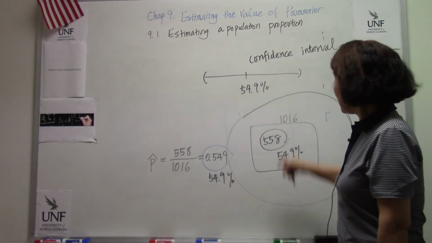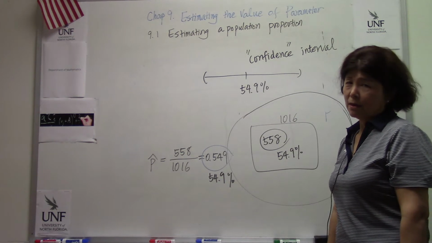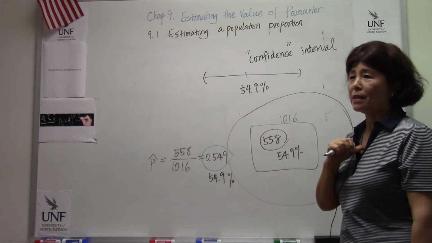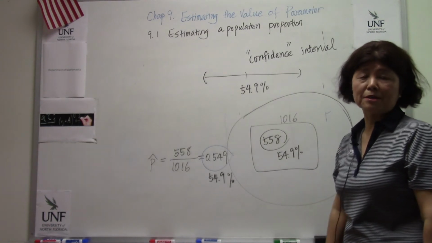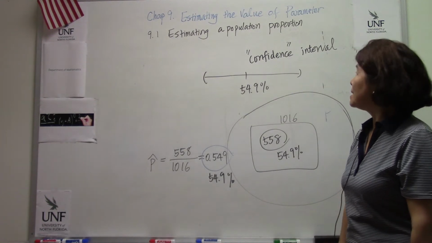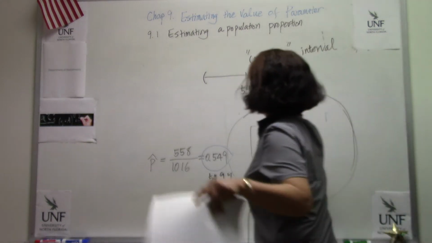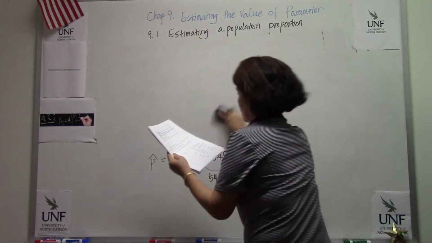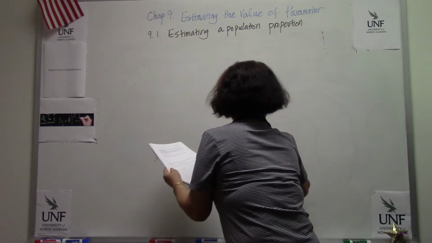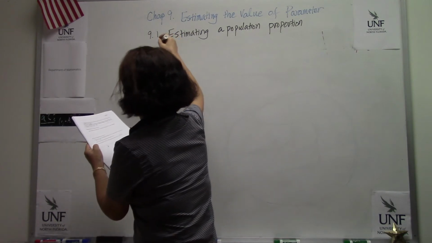So watch this word, confidence. Confidence is like a confidence in us that we can overcome the coronavirus crisis, but it has a very particular meaning here. There are two things about confidence.